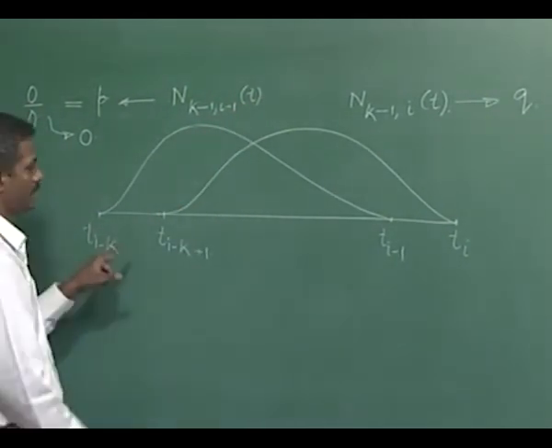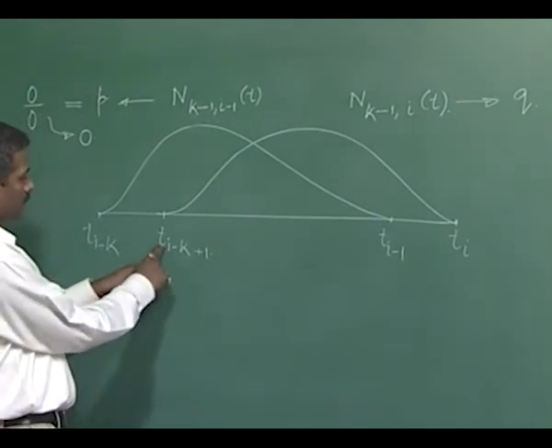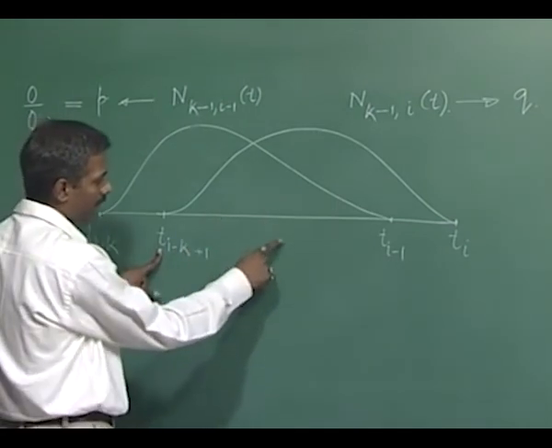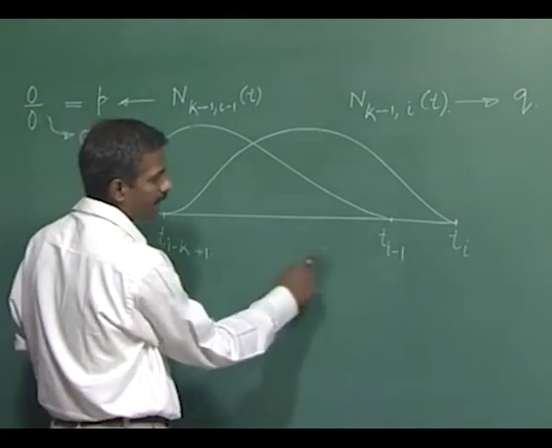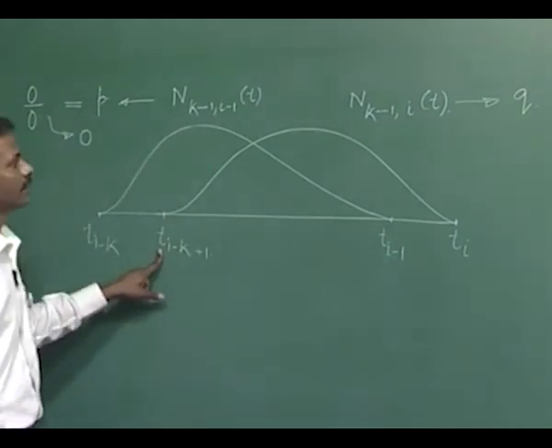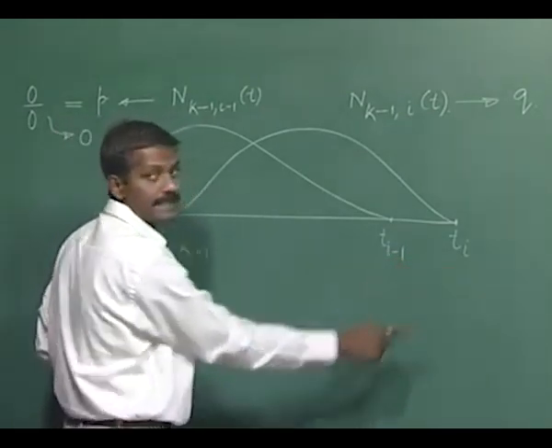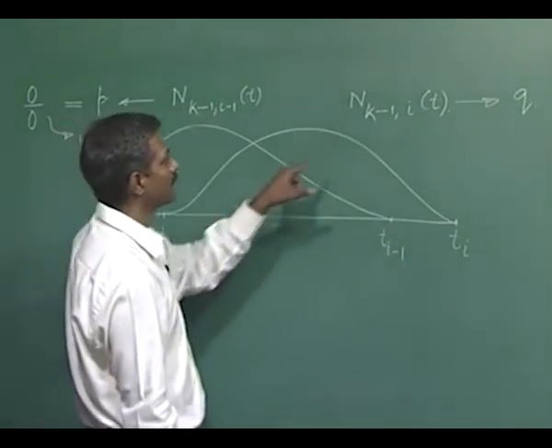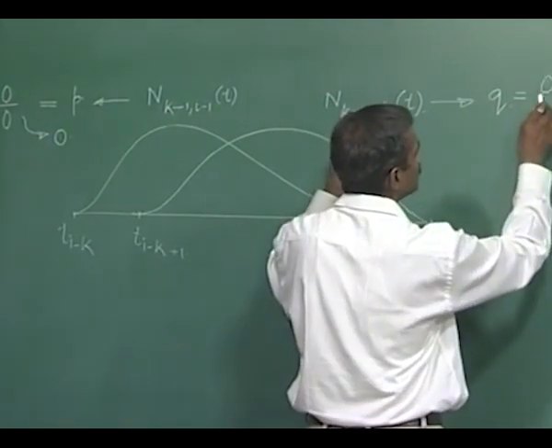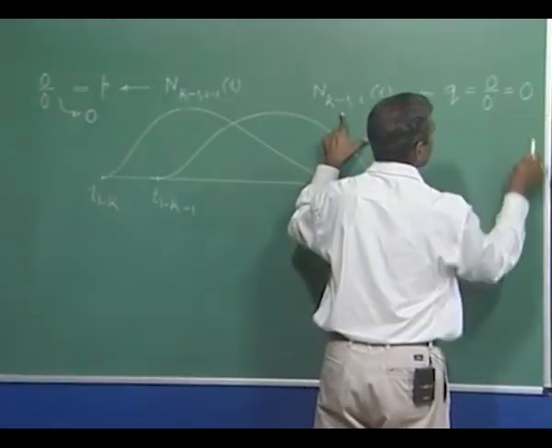Likewise, if we have these multiple knots where Ti minus k plus 1, Ti minus k plus 2, Ti minus k plus 3 are all equal to Ti, again we'll have two cases. Case 1, when t is equal to all these knot values, in which case again the expression for q will assume the 0 over 0 form, which by convention we treat as 0.